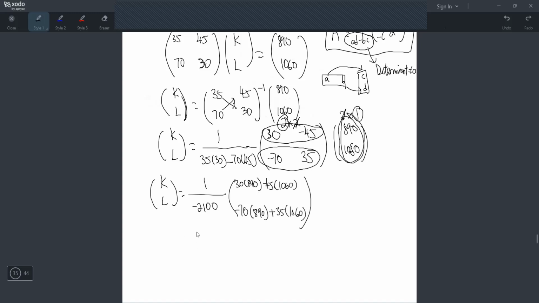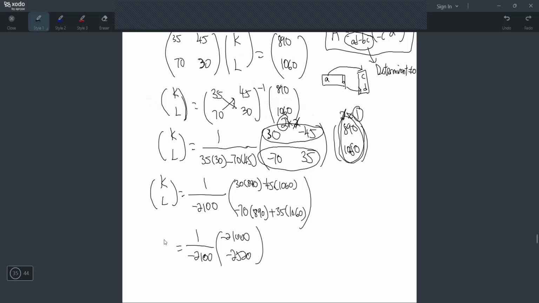Now it will be 1 over negative 2100, and then I'll just press the calculator. 30 times 890 minus 45 times 1060 is negative 21000. Yang ini pula, press the whole thing inside your calculator. Oops, silap tekan, 890 plus 35. Okay, my calculator gives me negative 25200.